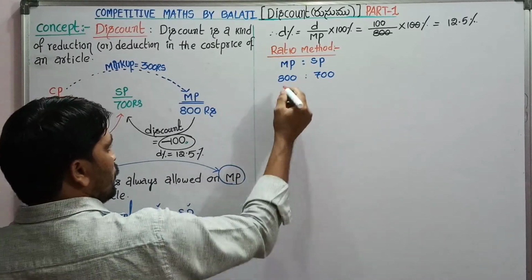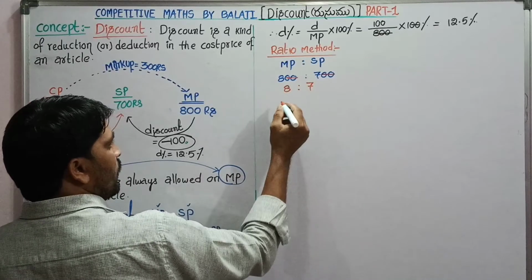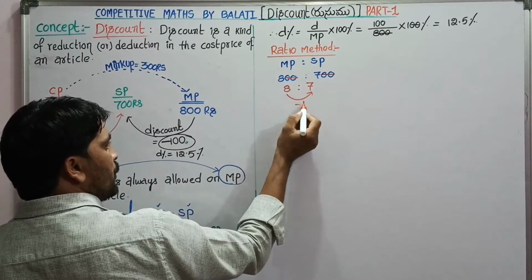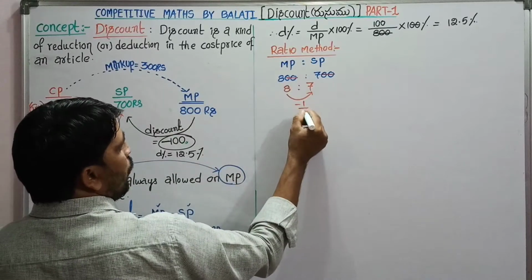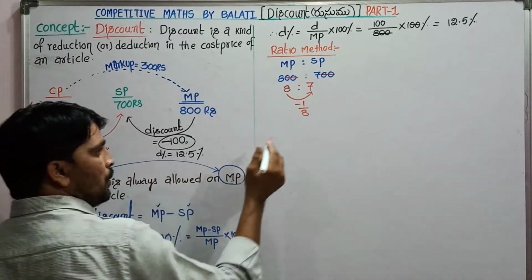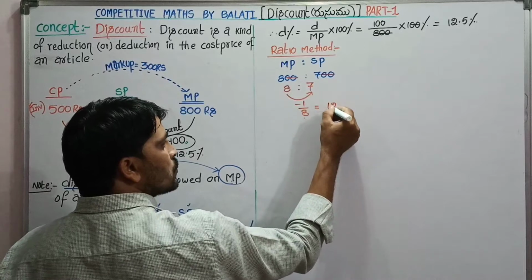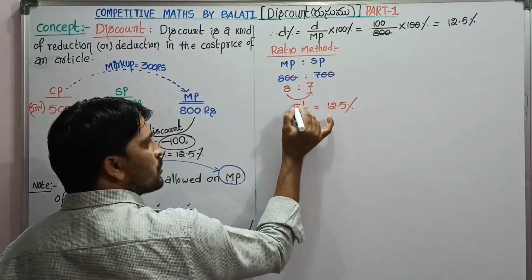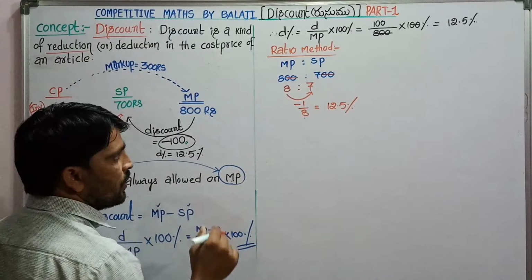Two zeros get cut. Ratio is 8:7. There is a 1 unit discount, or 1 unit reduction in market price, that is discount over market price, 1 by 8. Since discount is always allowed on market price, base must be market price. We know that the percentage value of 1 by 8 is 12.5%. The negative symbol shows that discount is nothing but reduction, so we use the negative symbol here.